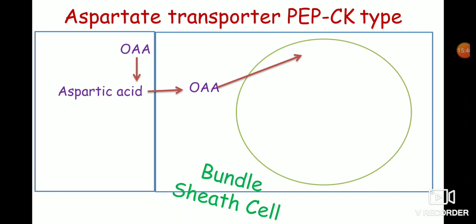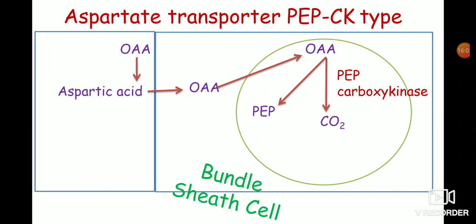The oxaloacetic acid then diffuses to the bundle sheath cell chloroplast, where it is decarboxylated by the enzyme PEP carboxykinase to form carbon dioxide and phosphoenol pyruvic acid. So here the decarboxylation takes place in the presence of the enzyme PEP carboxykinase. Hence, this type of C4 plants is called PEP-CK type.